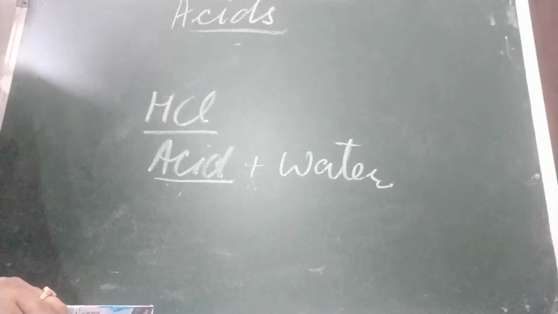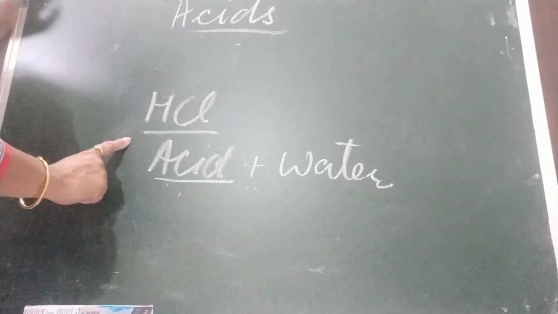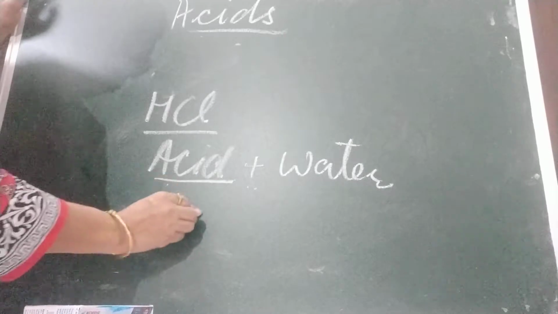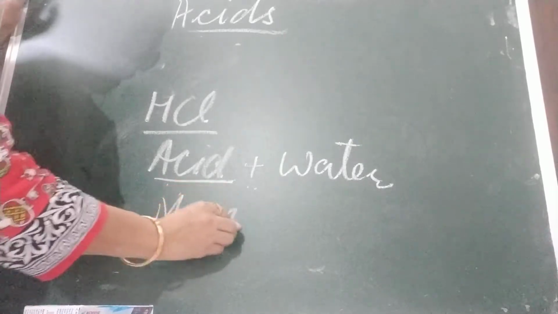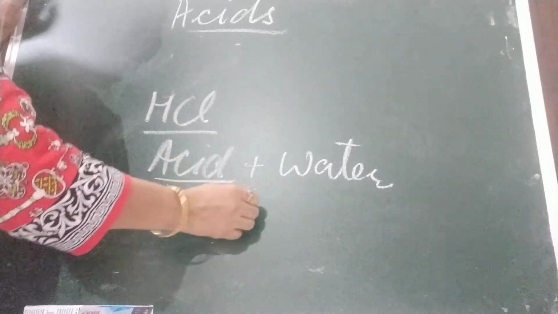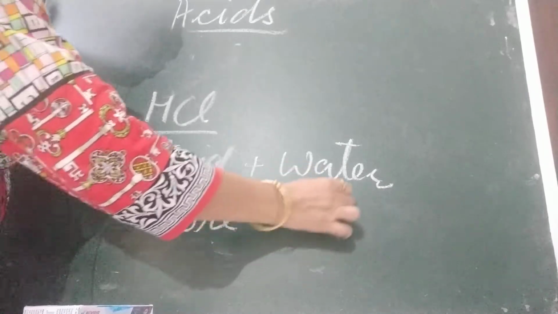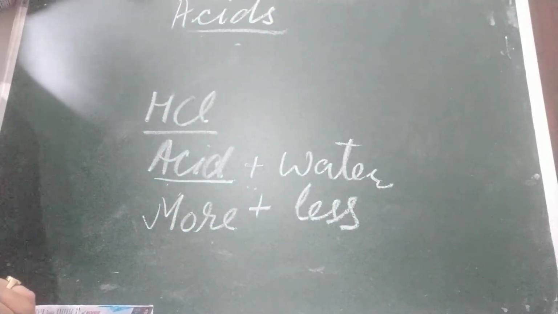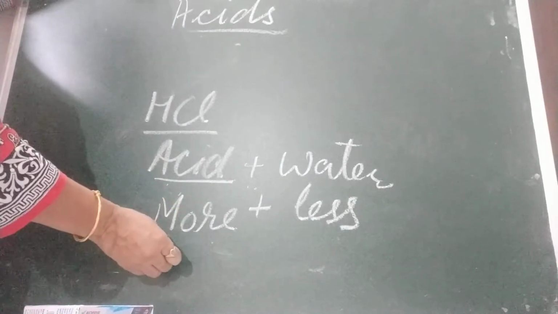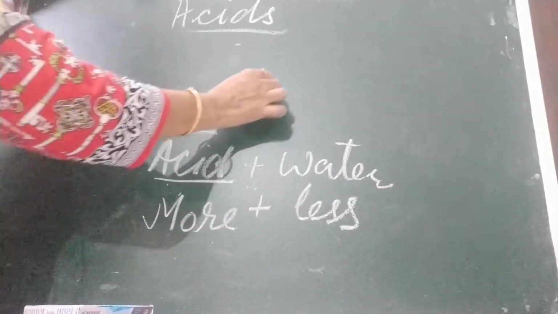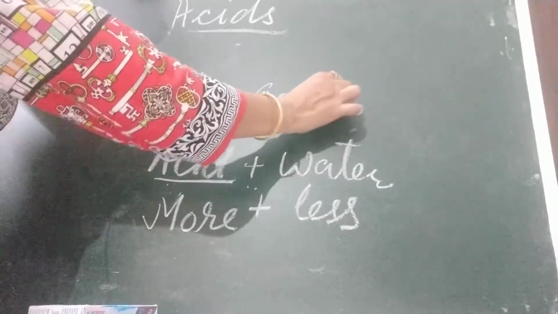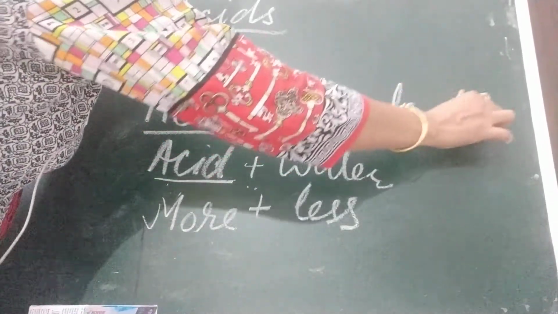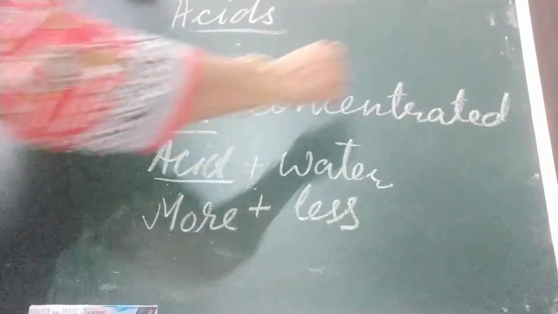Dilute hydrochloric acid. Now, if the molecules of hydrochloric acid are more and the molecules of water are less, then this acid is formed, called concentrated hydrochloric acid. Is this clear, children?